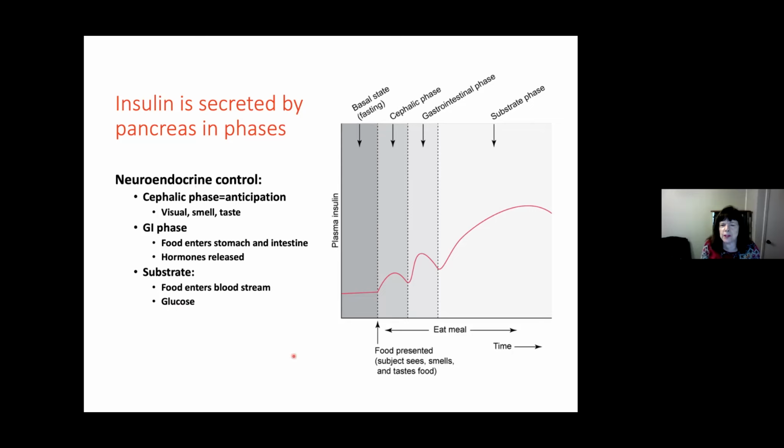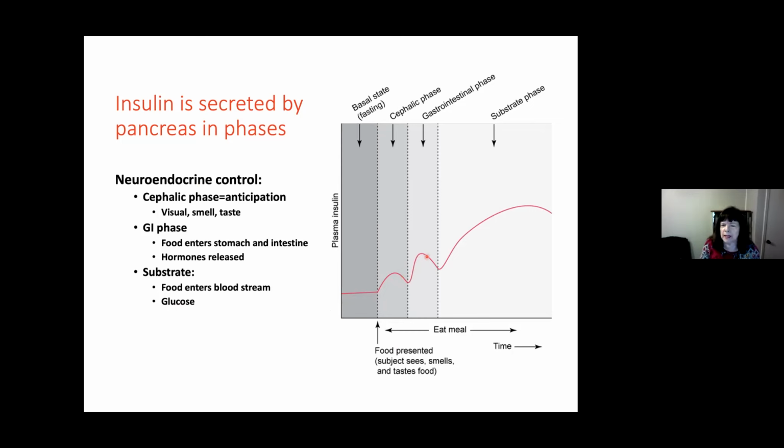And the first thing that happens is that you have an increase. You're getting ready to eat, and then you smell, and your insulin will rise. So your insulin is saying, oh, okay, I know what's coming, and I'm going to be prepared for an increase in blood sugar. And so then the food enters the stomach, and you have an even stronger rise here.